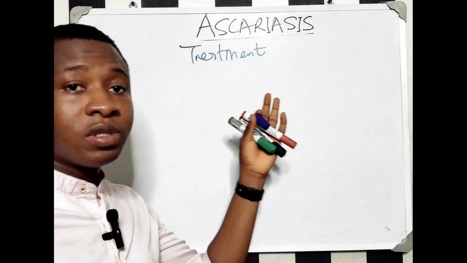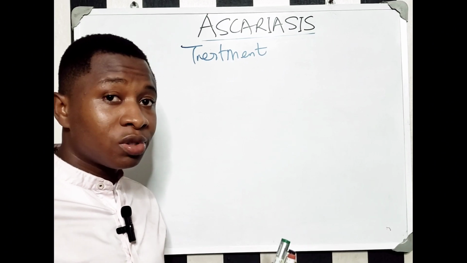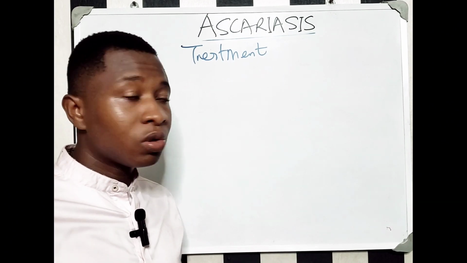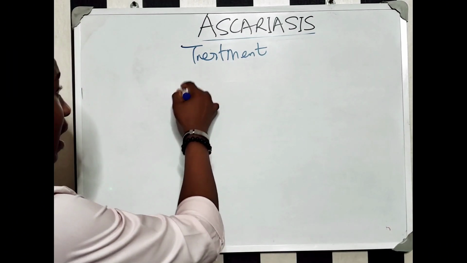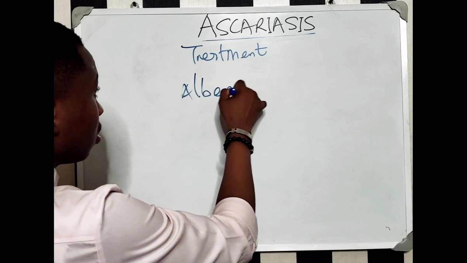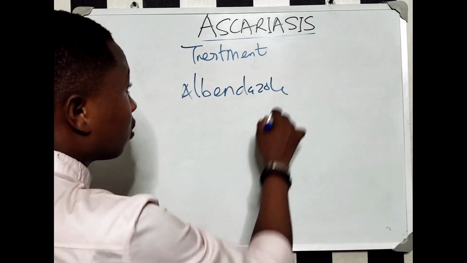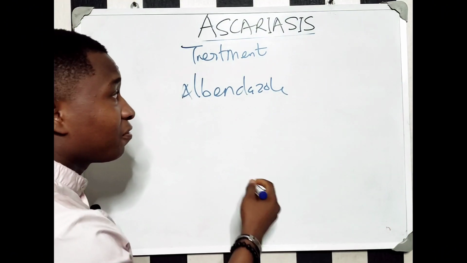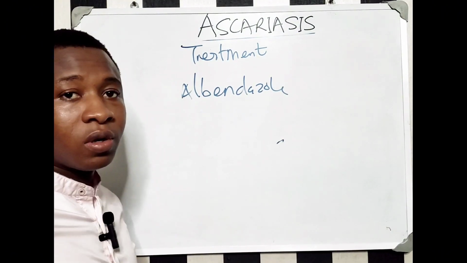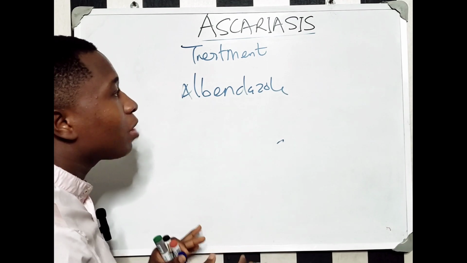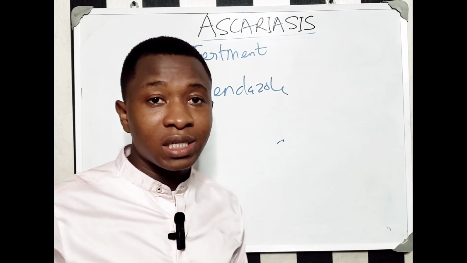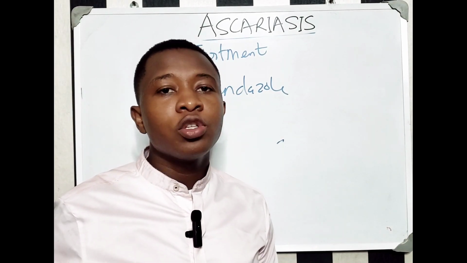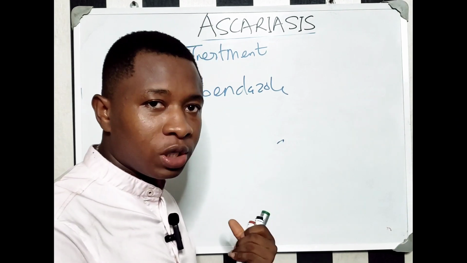Now, Ascariasis can be treated with a series of drugs, and the frequently used ones are albendazole for the giant roundworms, and you can also have other alternatives. But before we look at the treatment, it is important and better that we try to prevent this condition.